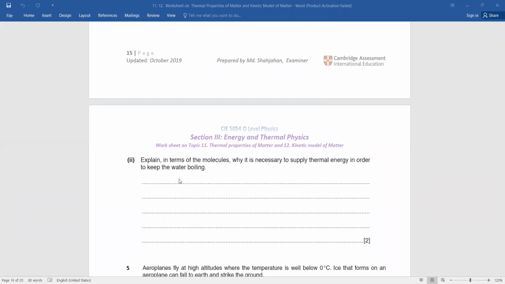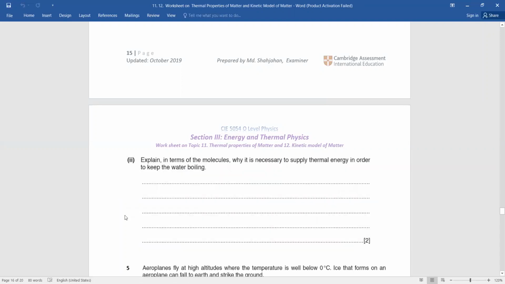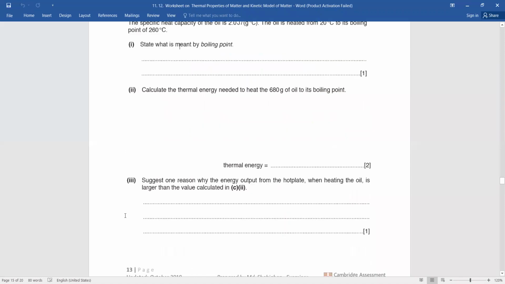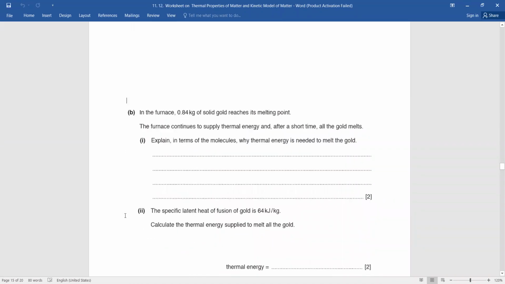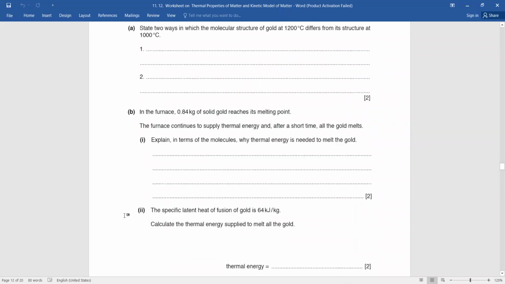In one of the examples, we discussed yesterday an example about gold. Can you remember that one? They asked you to explain in terms of molecules why thermal energy is needed to melt the gold. At that time we had liquid from solid, right?